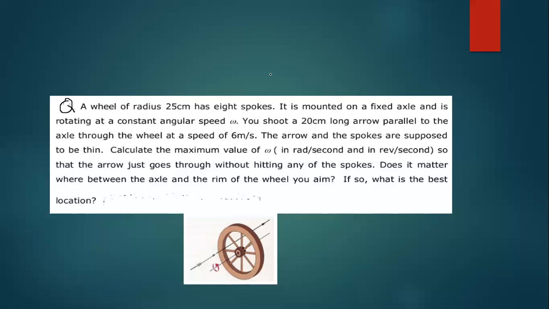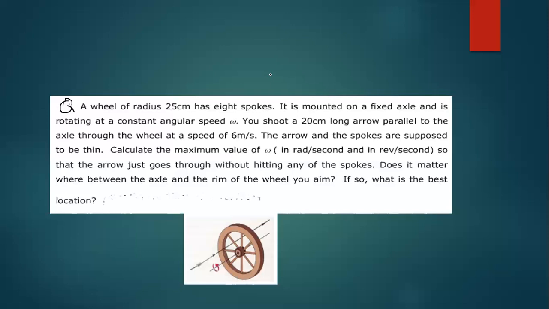The question reads: A wheel of radius 25 centimeters has 8 spokes. It is mounted on a fixed axle and is rotating at a constant angular speed. You shoot a 20 centimeter long arrow parallel to the axle through the wheel at a speed of 6 meters per second.